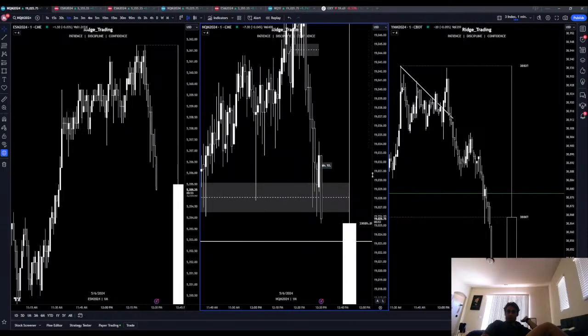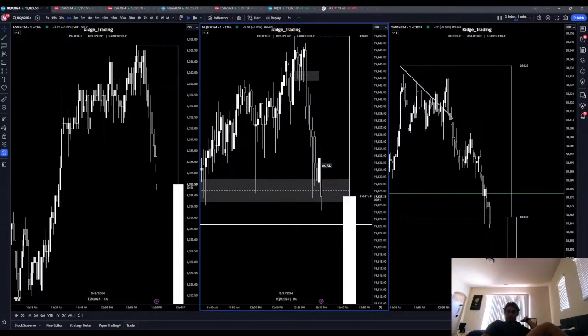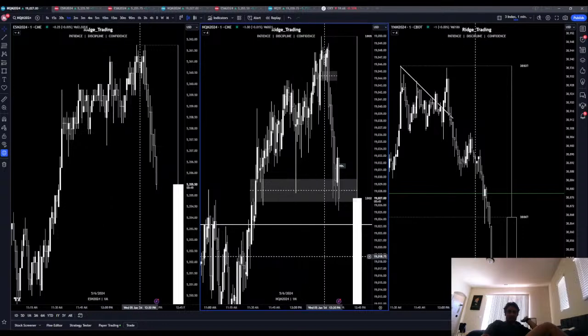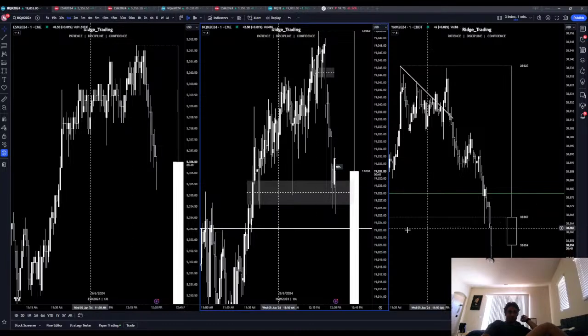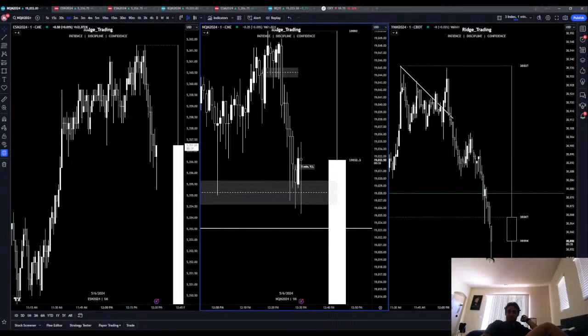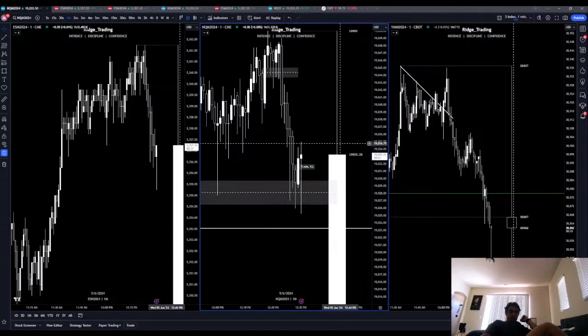Here we go. Is it going to wick? It looks like it. Yep. Another wick. This is so bullish if we hold here.